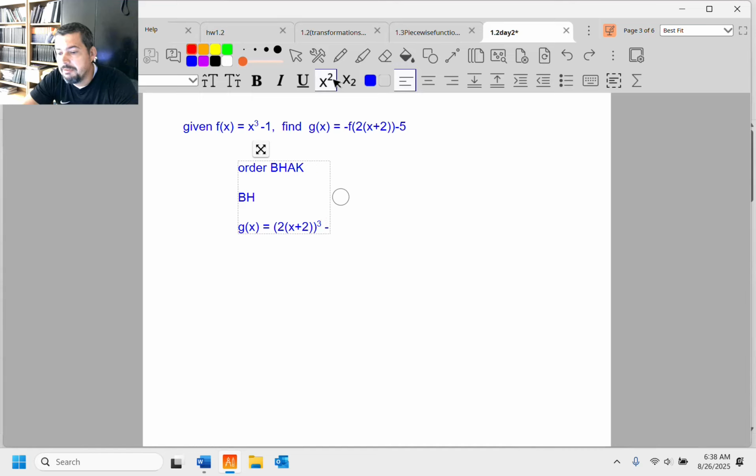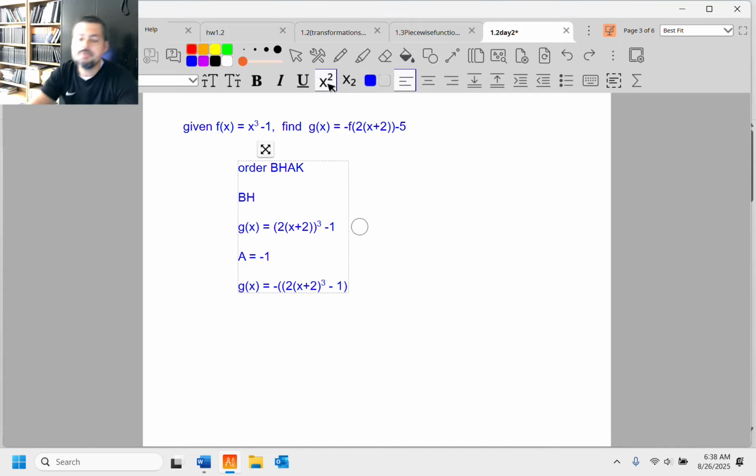Now, we already have a -1. That doesn't go anywhere, okay? The next thing is a, okay, and a is -1. Now, here's where it gets kind of fun. See, it says negative function. You have to negate everything you have. So g of x is going to be a negative parentheses 2 times x plus 2, quantity cubed minus 1.